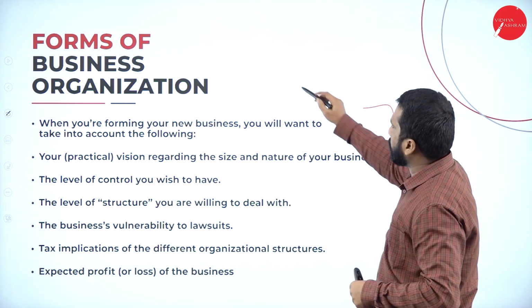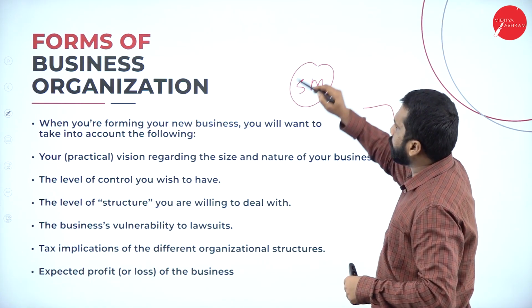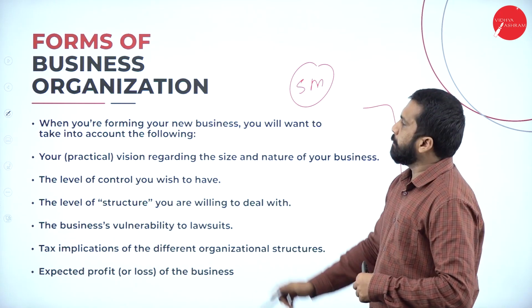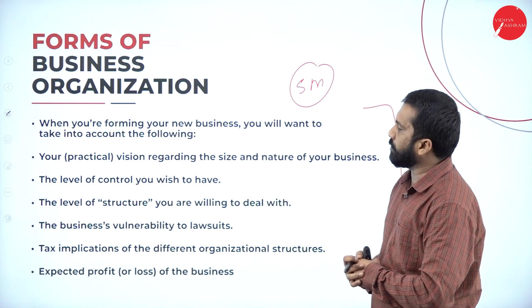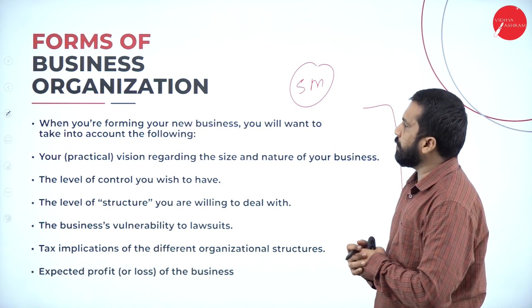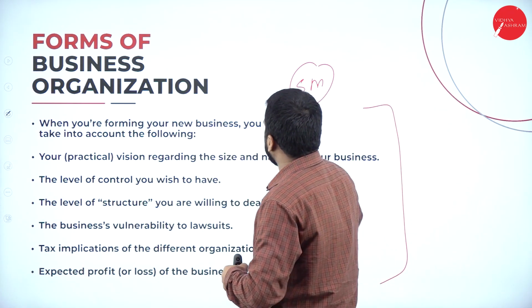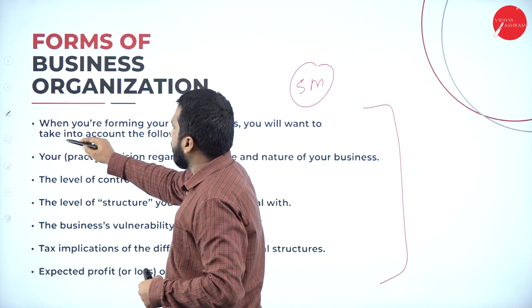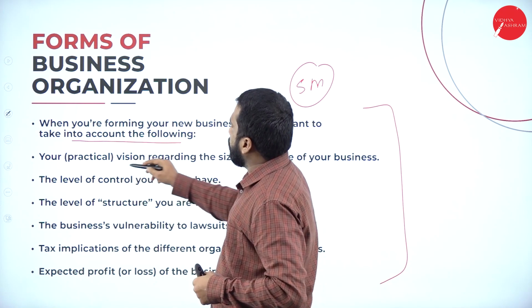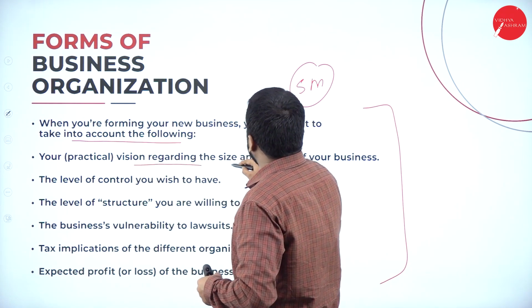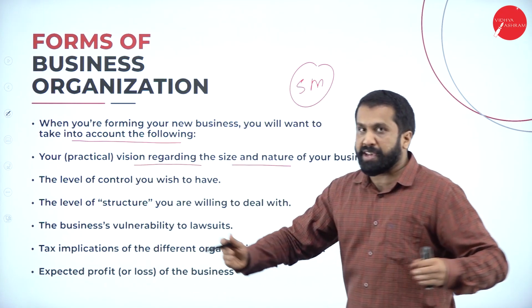This is very important. You can expect 5 marks from this. So 5 to 6 points are there, very less in quantity, easily you can remember. When you are forming a new business, you will want to take into account the following. Which are those? The vision regarding the size and nature of the business: if it is big or small.